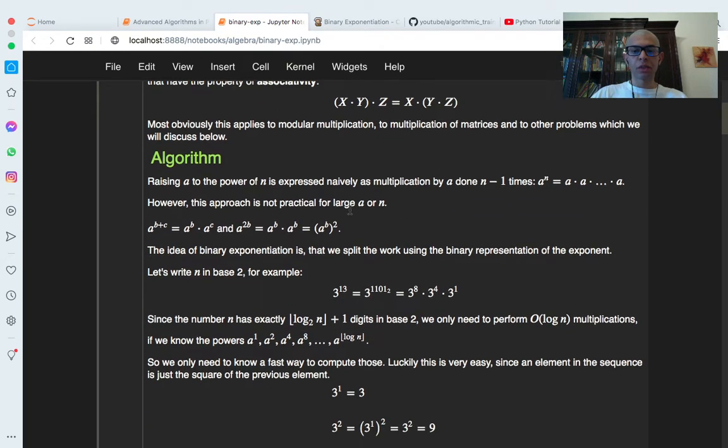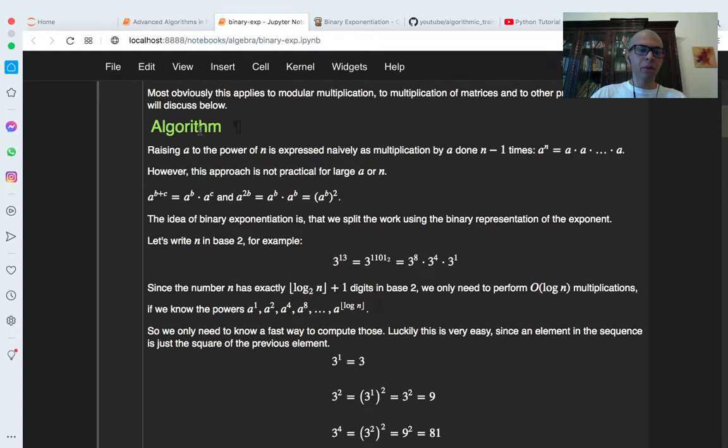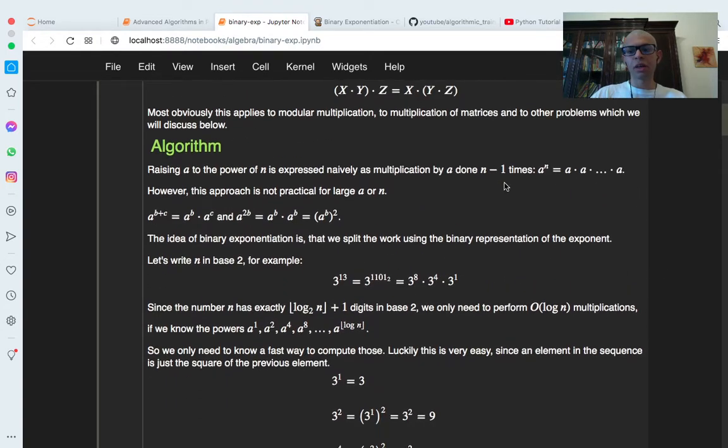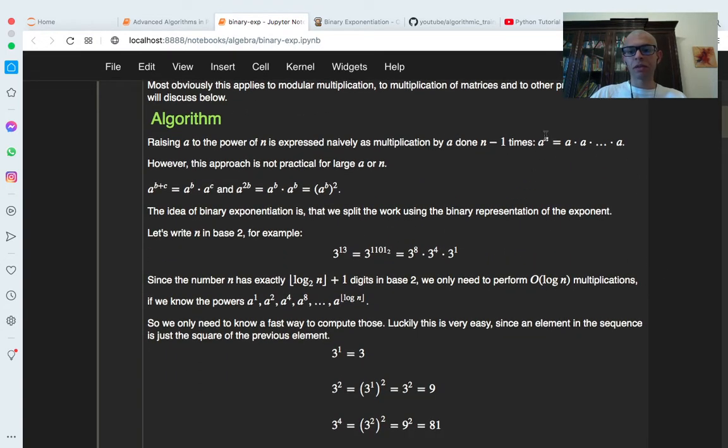Instead of multiplying a n times as in the naive approach, we do it another way, since this associativity rule gives us this way of writing powers: a to the power b plus c equals a to the power b times a to the power c.